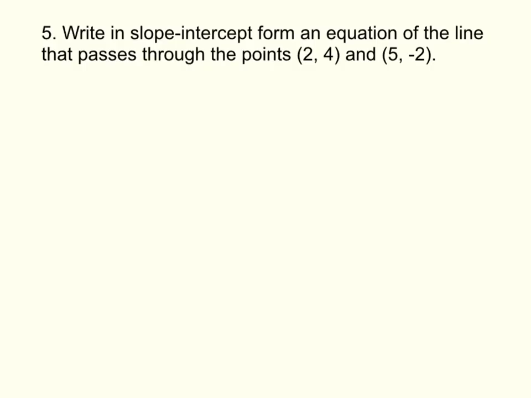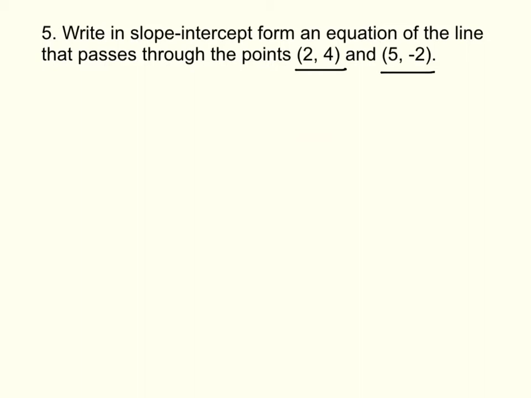Example number 5. Write in slope-intercept form an equation of the line that passes through the points 2, 4, and 5, negative 2. Here's the first problem we have. We are given two different points, but we are not given a slope, so you have to find slope.